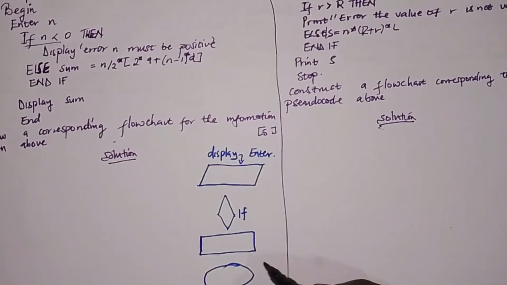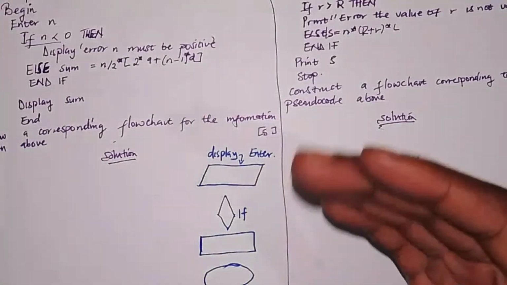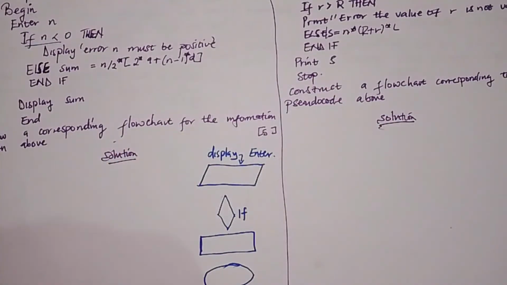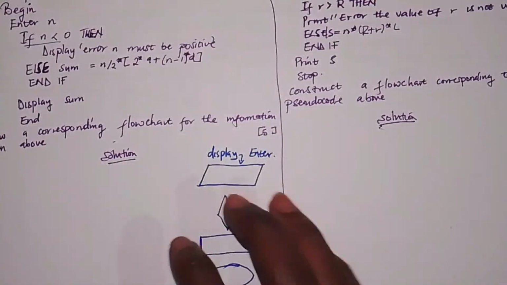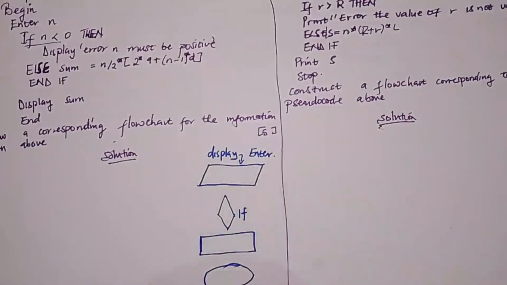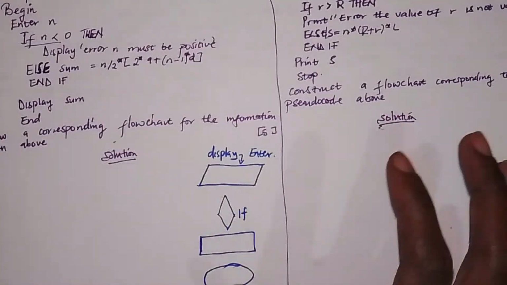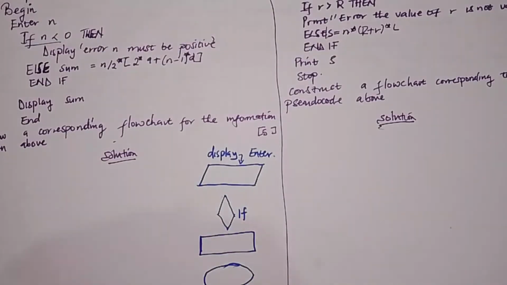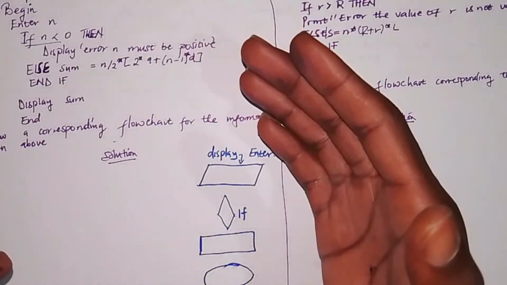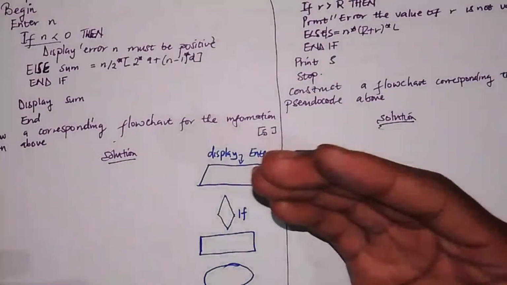So these are the 4 shapes you need to understand before solving questions on pseudocodes. I guarantee you will find this question in an exam, and you have a high probability of finding a pseudocode question which comes like this, where you have to draw the flowchart.